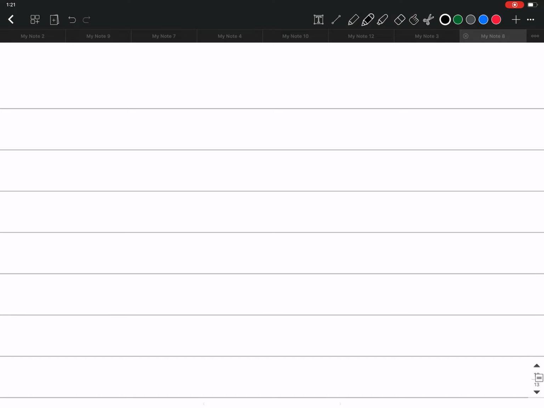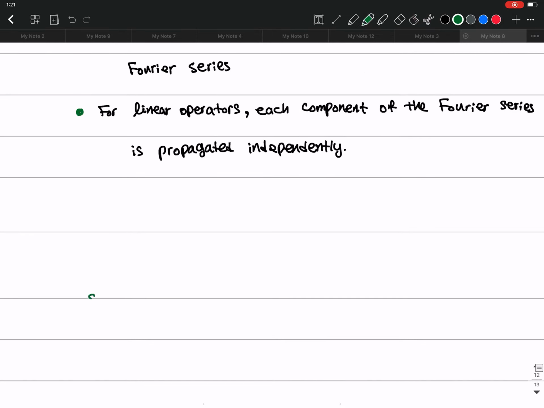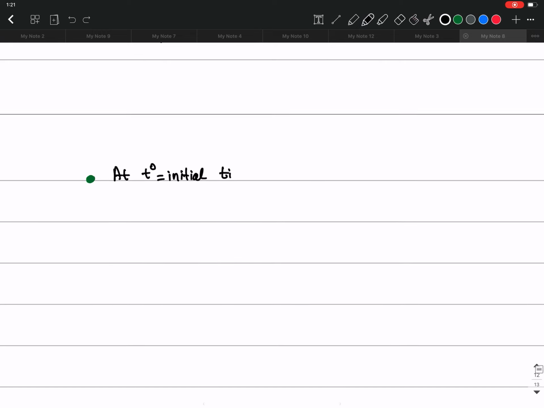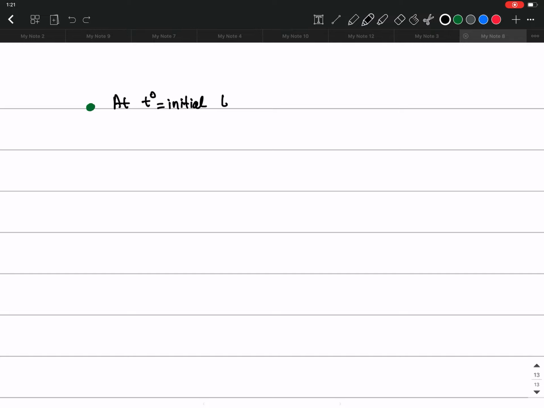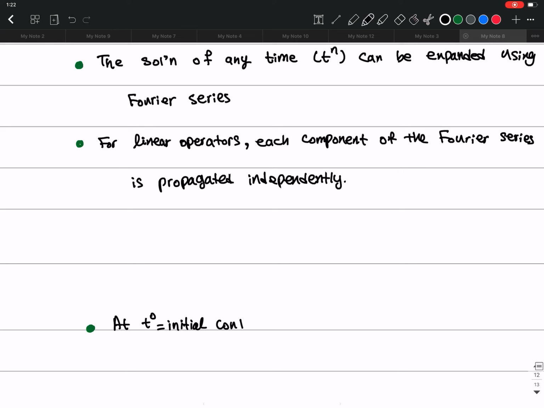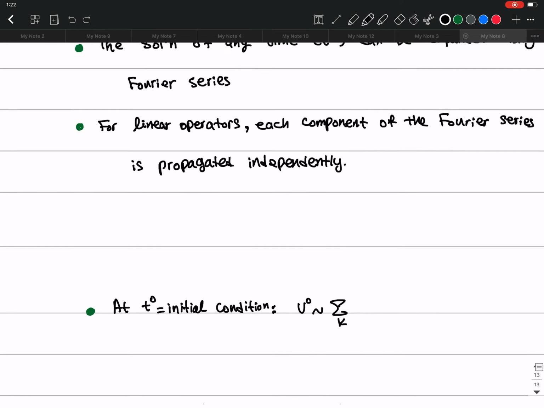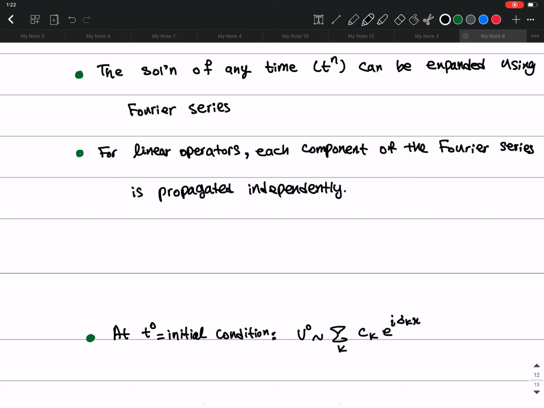And the other remark I want to make is at t0, which is the initial time, the initial condition u0 can be represented as sigma k ck e^(i sigma k x).